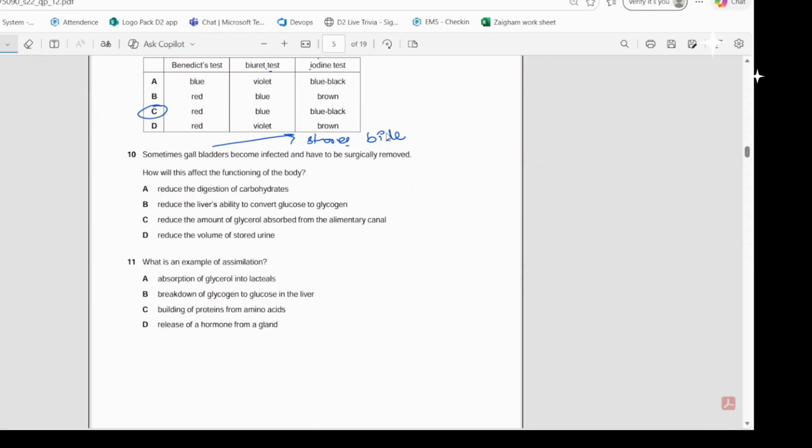Fats. What is the name of the process? Emulsification. So exactly, less glycerol is produced, there would be less absorption of glycerol as well.